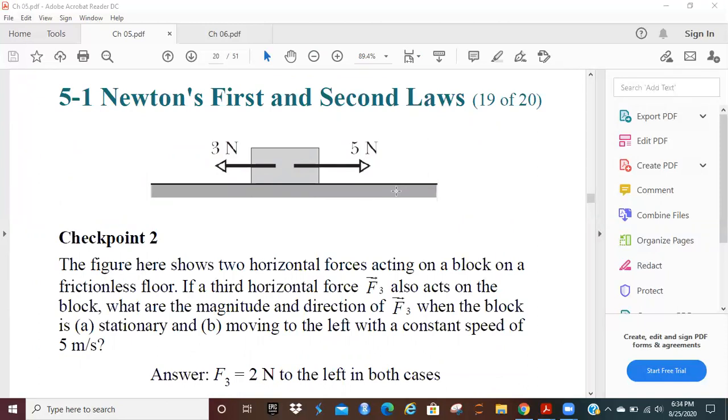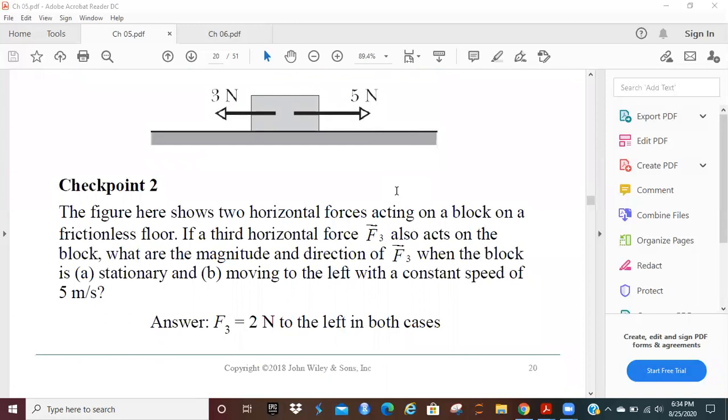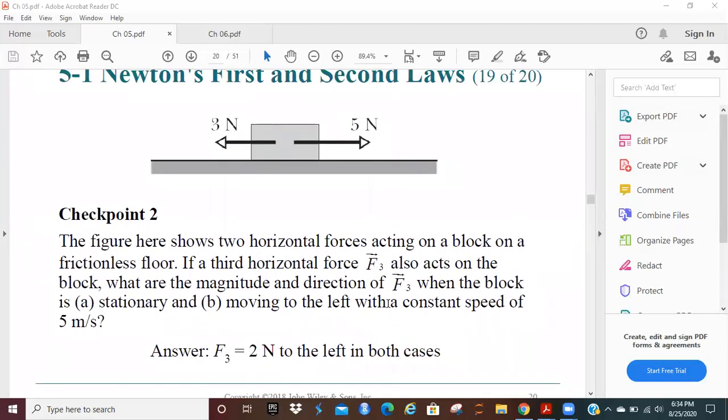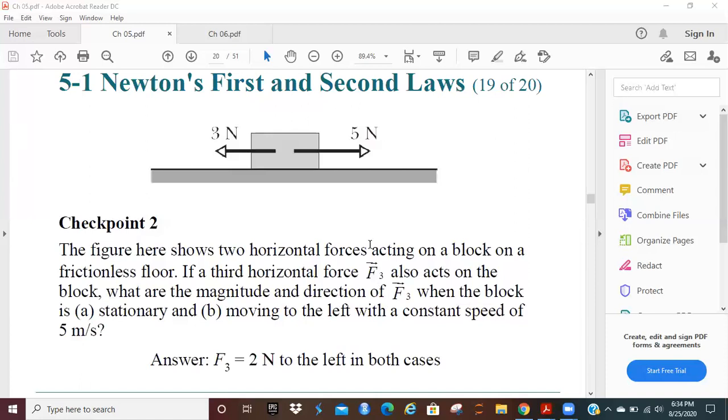If a third horizontal force, F3, also acts on the block, what are the magnitude and directions of force 3 when the block is stationary, and then when it moves to the left with a constant speed of 5 meters per second? So what this is saying here is that the force is going to be 2 newtons to the left in both cases. So let's kind of work through that.